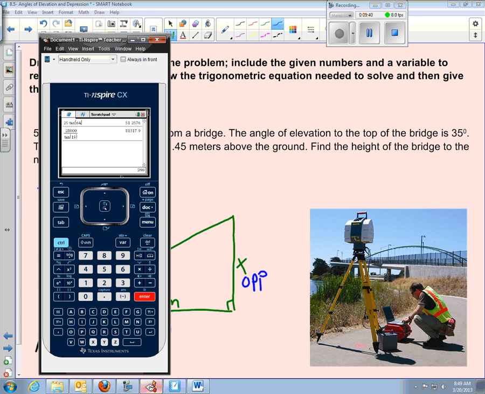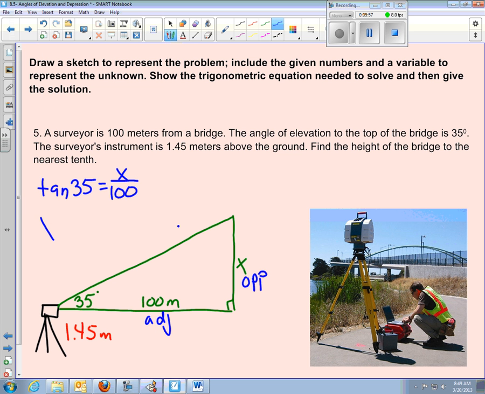We end up taking our 100 times our tangent of 35. And we get about 70, we'll say. Okay, so x equals 70.0 meters high.